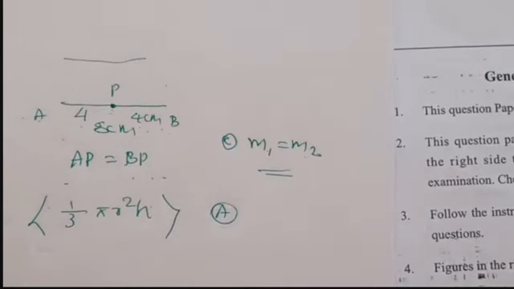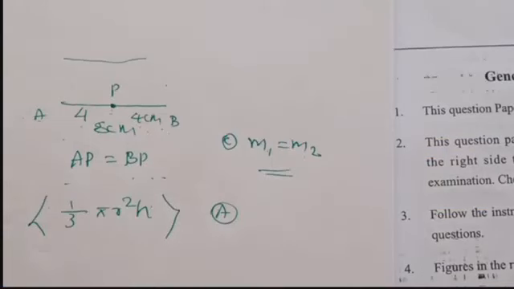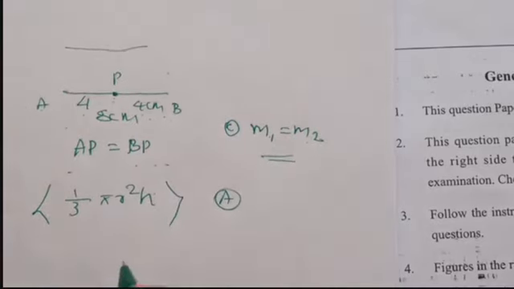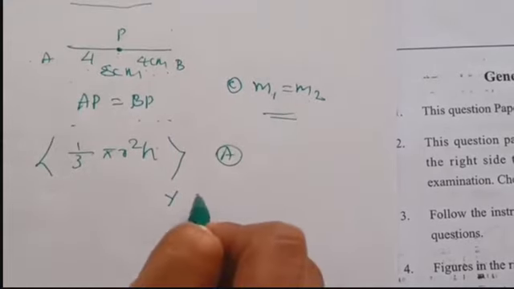Okay, now we'll move on to the next question. The distance of a point from the x-axis is called what? Children, let me just say about this. If you listen carefully, you will be able to learn 2 topics here.